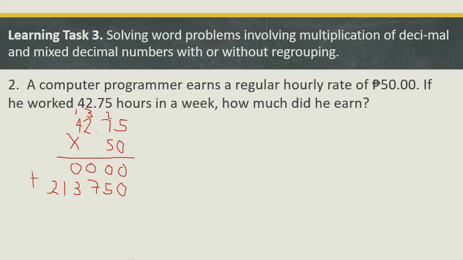Okay, so add na natin siya. So ito ay 0, 5, 7, 3, 1, 2. So, 2 decimal places, kaya nandito po ang ating decimal point. So, kaya ang ating answer dito, siya po ay kikita ng 2,137 pesos and 50 centavos.